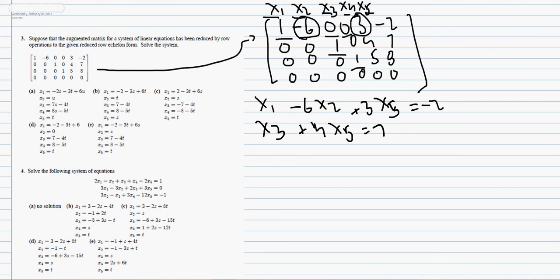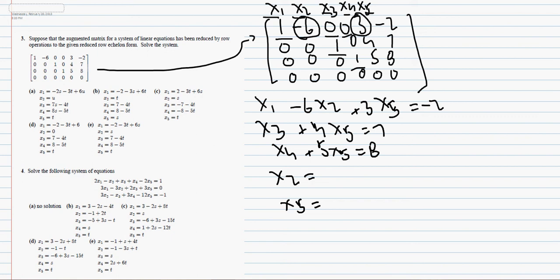Then we have x4 plus 5x5 equals 8. And then we have x2 and we have x5, where we're going to determine our free variables.